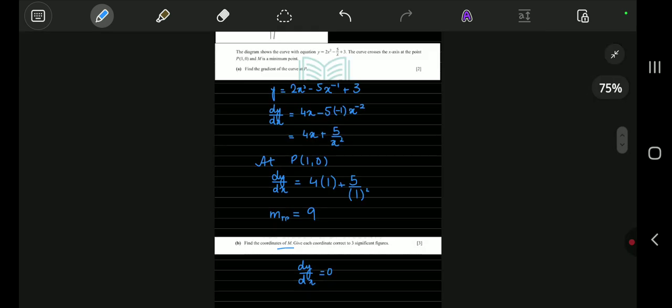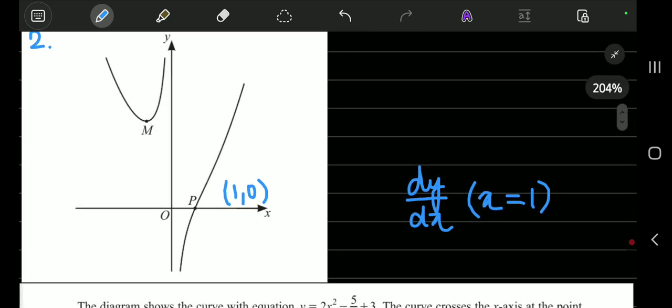Why do we put that equal to 0? Because at that point the tangent is parallel to the x-axis, and the slope of any line parallel to the x-axis is 0. So we always put dy by dx equals 0.